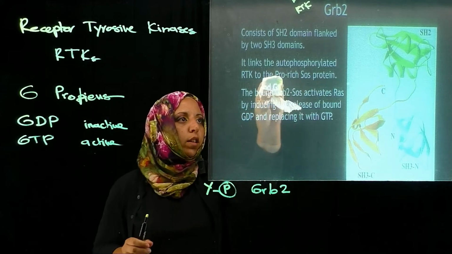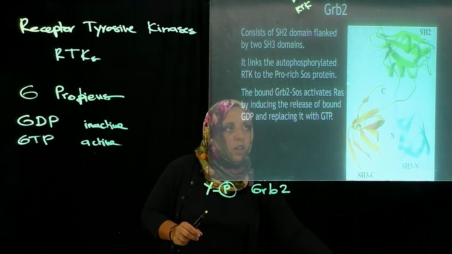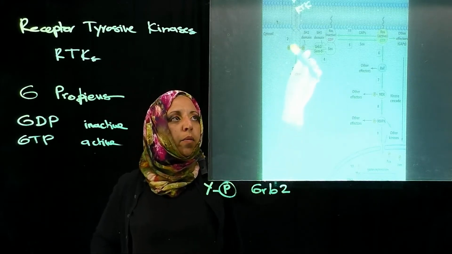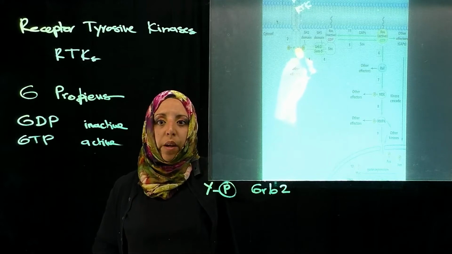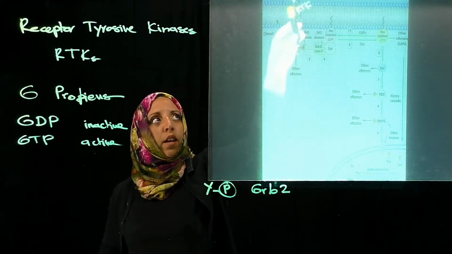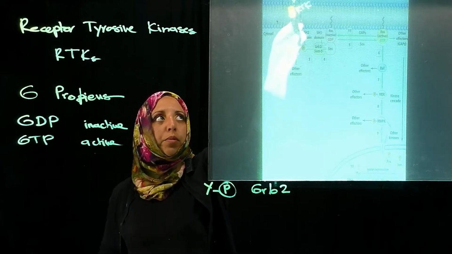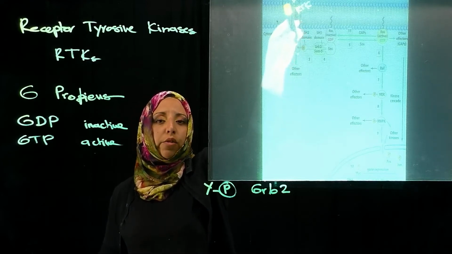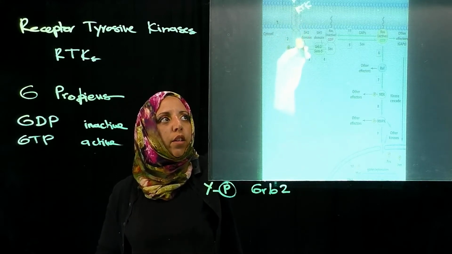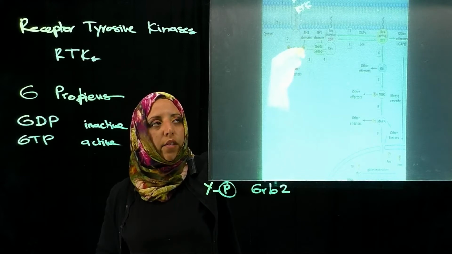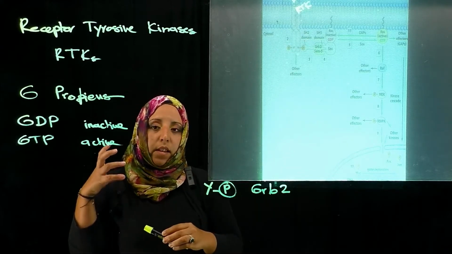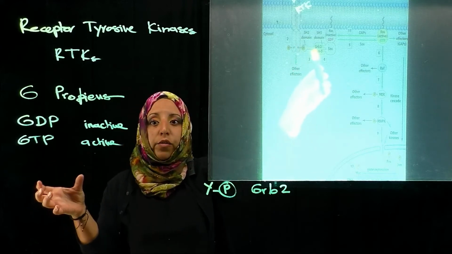Okay, so let's take a look at that. Once the tyrosine residue in the receptor is phosphorylated, and what causes phosphorylation is the binding of the ligand to the receptor, and in this case we're really looking at a protein growth factor binding to its receptor tyrosine kinase, then the phosphorylated tyrosine residue will bind to the SH2 domain of GRB2.